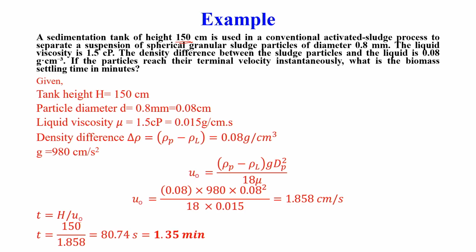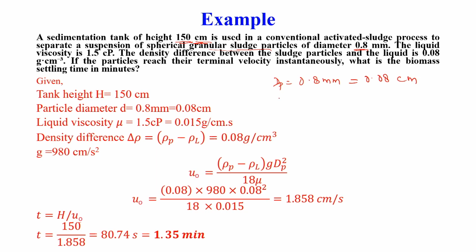It says a sedimentation tank of height 150 centimeter is used in a conventional activated sludge process to separate a suspension of spherical granular sludge particles of diameter 0.8 mm. So, dP is 0.8 mm or 0.08 centimeter.